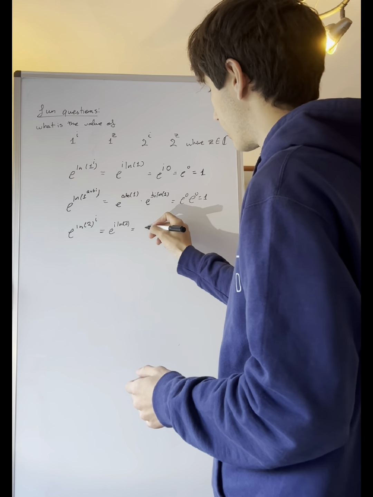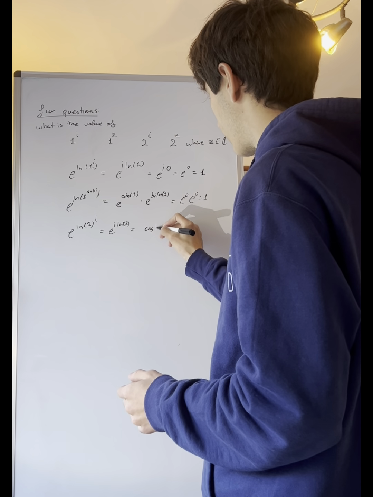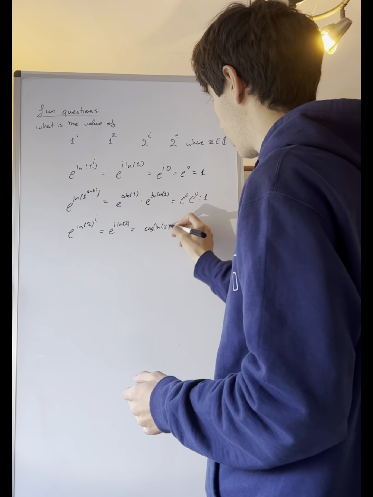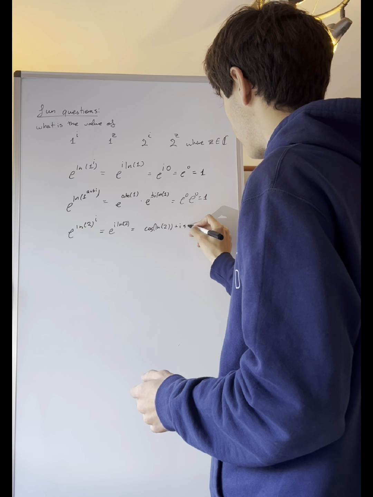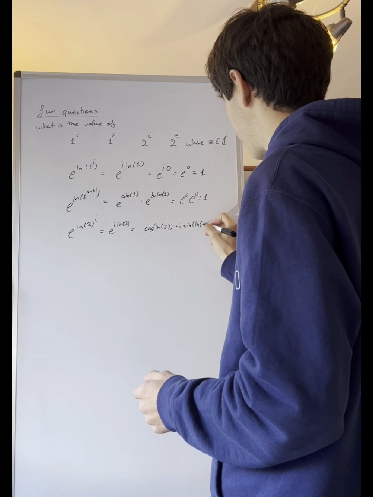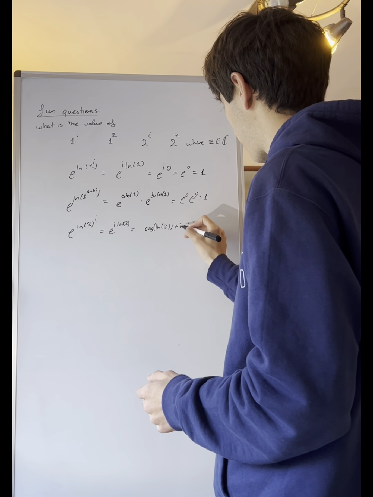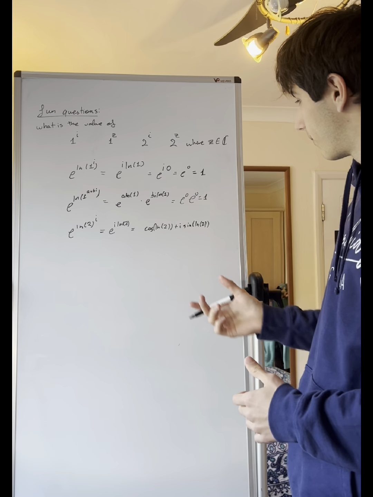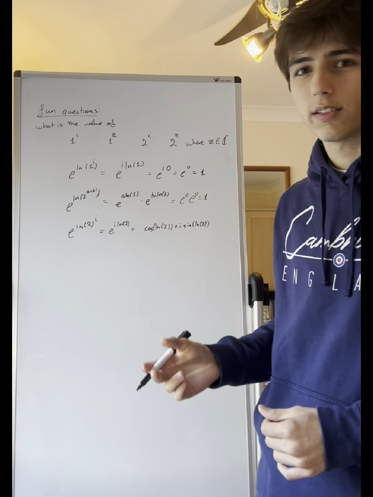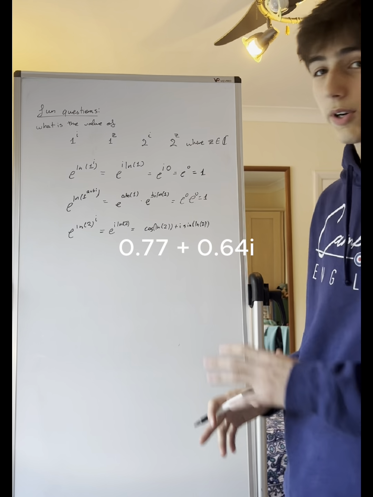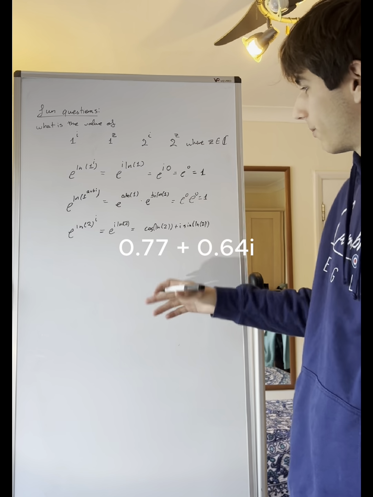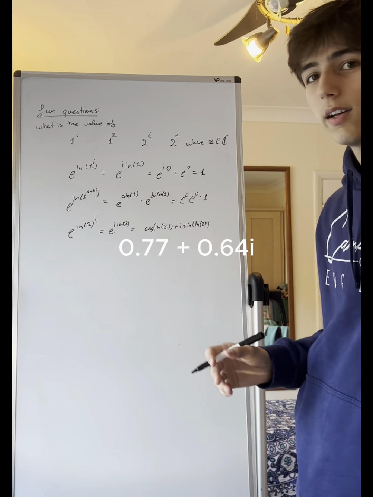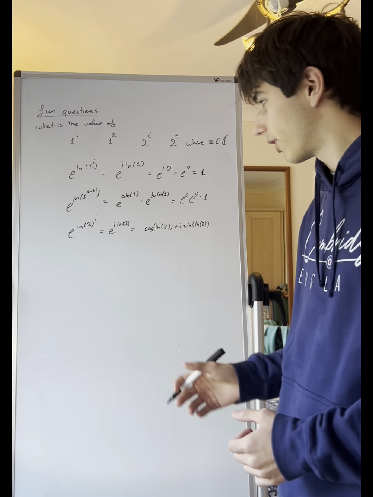So we would say cosine of natural log of 2 plus i sine of natural log of 2. Okay, so I'll write the values of these in the video. I forgot to work them out beforehand, but the Cartesian values will be displayed in an edit after the video.